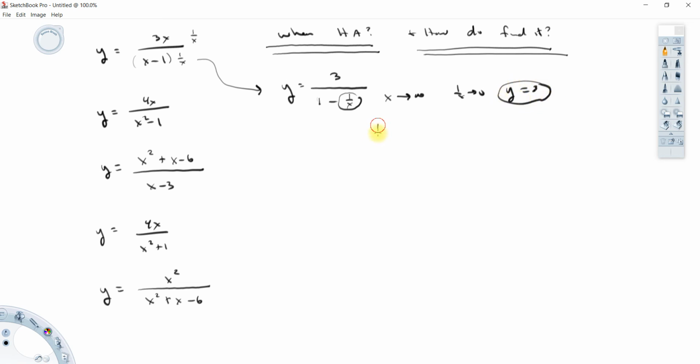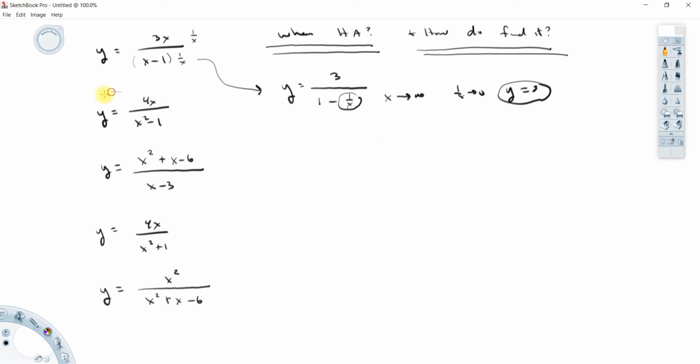And what that means is, if you sketch this graph, in this region here there's a bunch of detail, but I know that eventually this thing has to converge over here to y equals 3 in this direction and this direction. Okay, and I'll talk about how you get the detail work in another video.